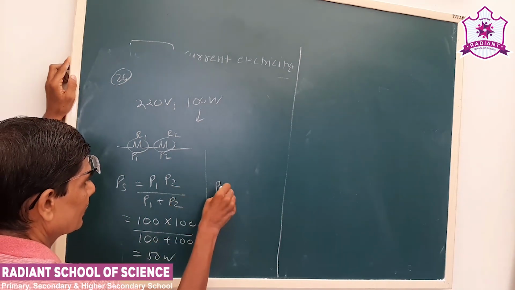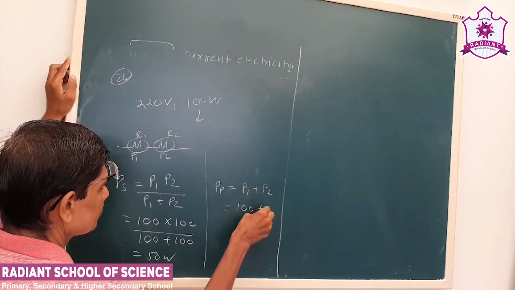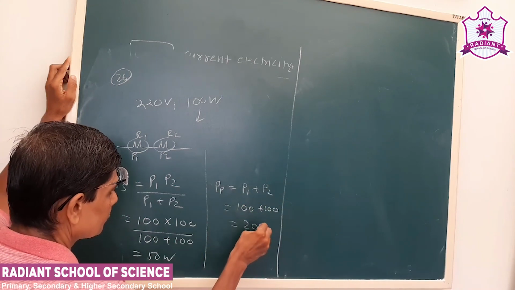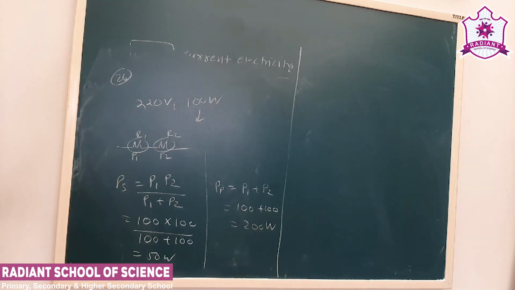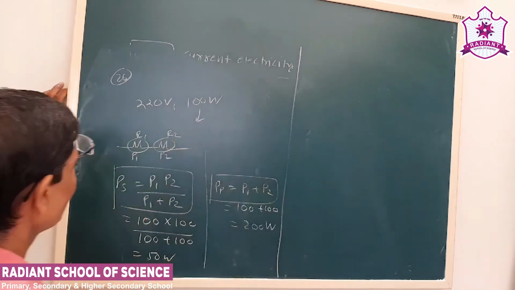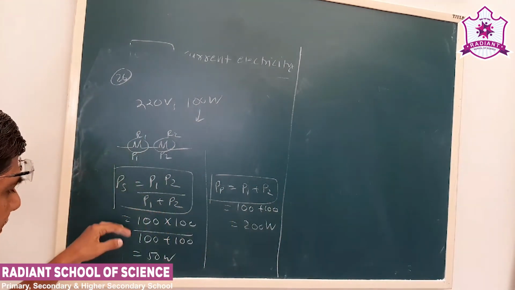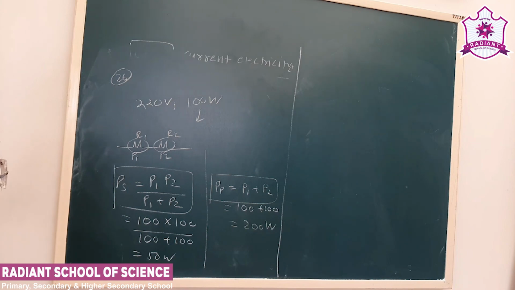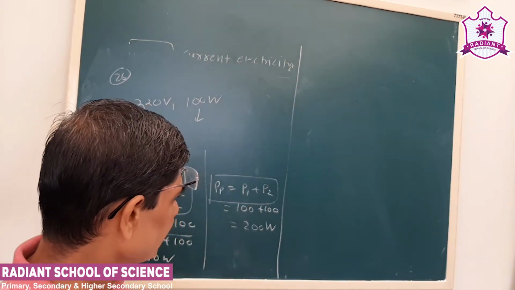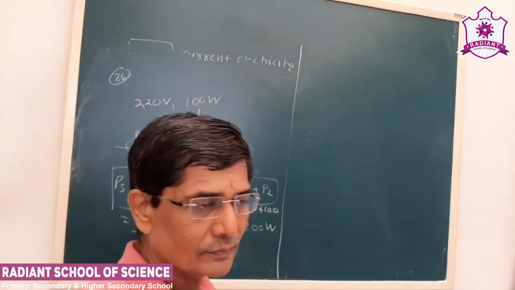Now power in parallel, so this we should remember as a formula. PS, power in series, is P1 P2 upon P1 plus P2, and power in parallel is P1 plus P2. So when connected in series, the power is 50 watt and when connected in parallel it is 200. So this is about the MCQ.